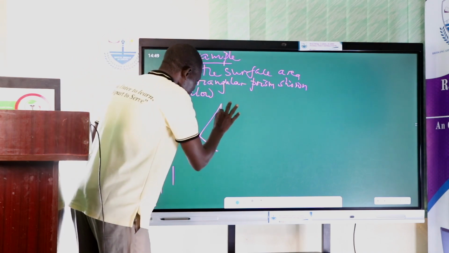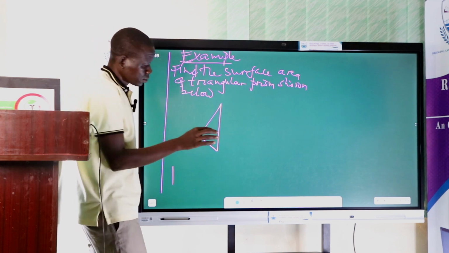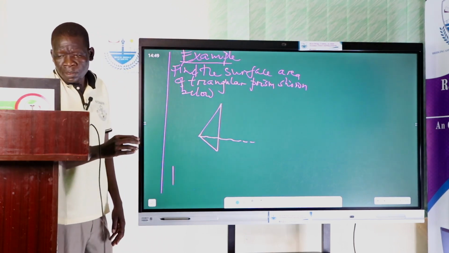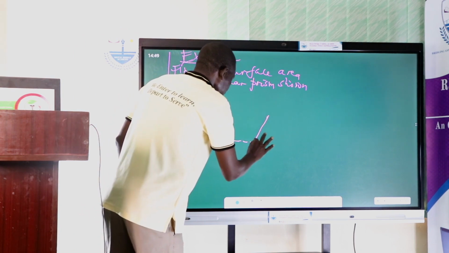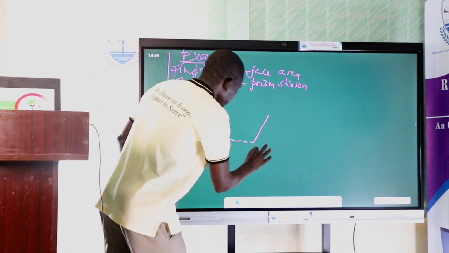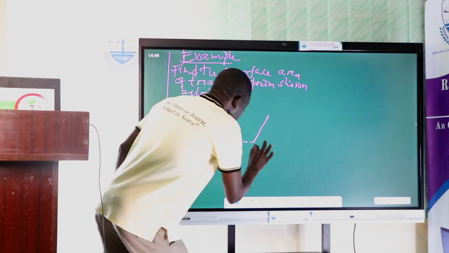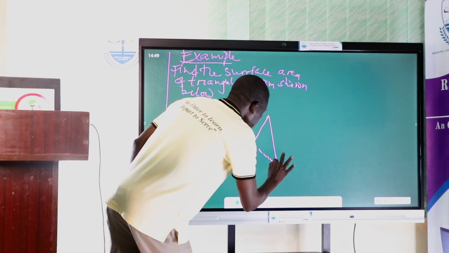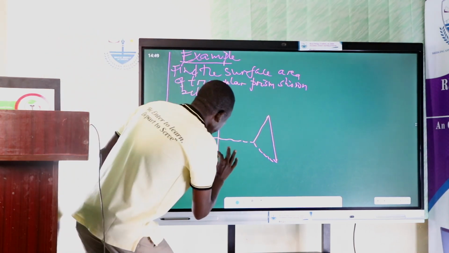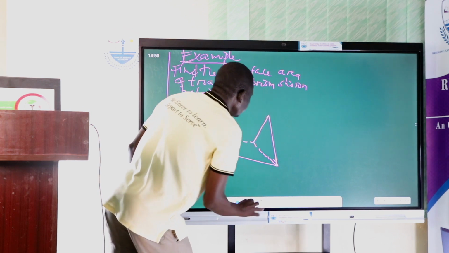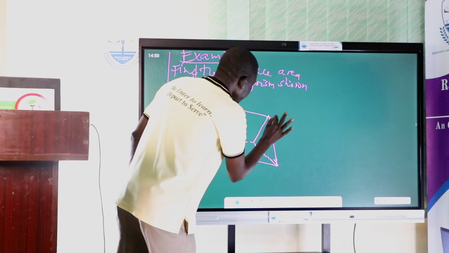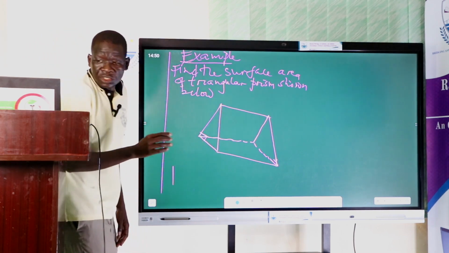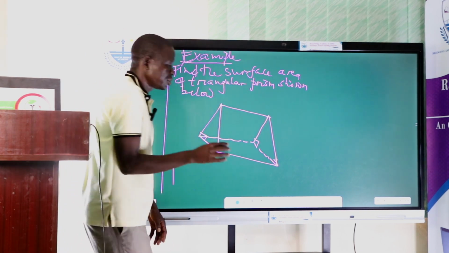This one here. This one, join there. Then I have this. This one, 90. This one also 90 degrees.